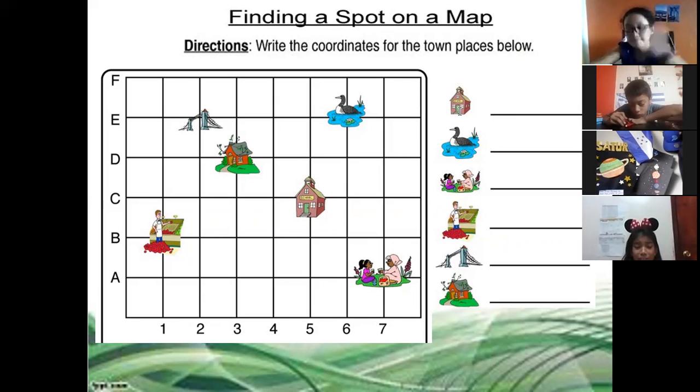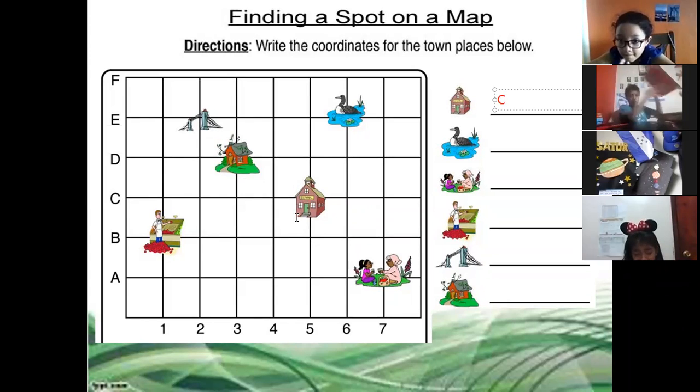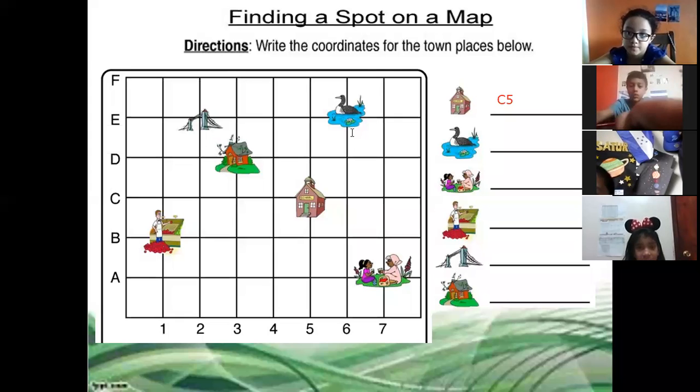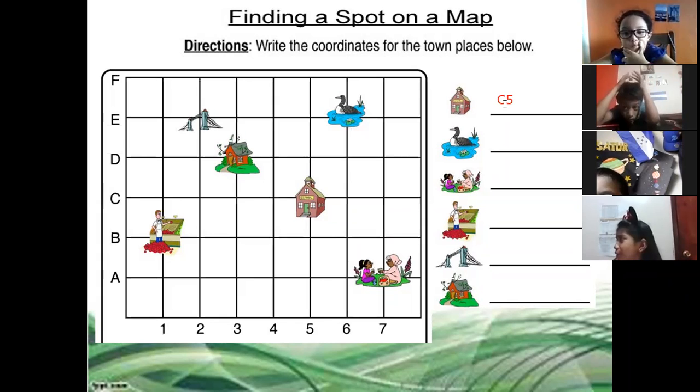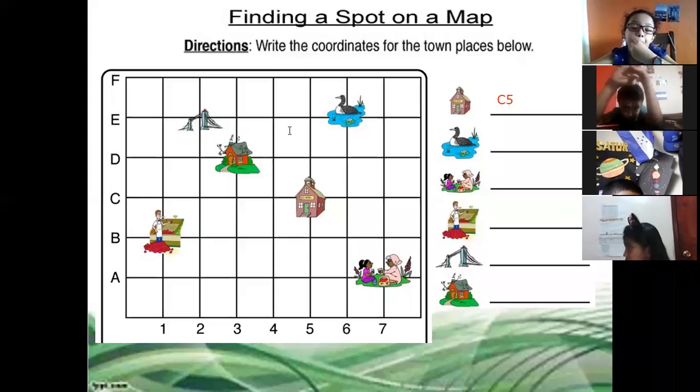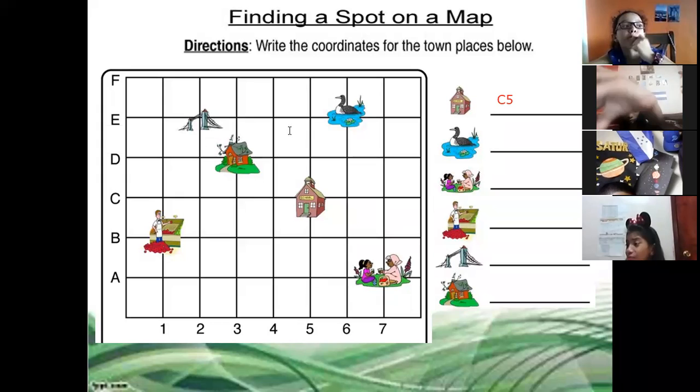So this house, this drawing is on the letter C, and then the number 5. So like that. In your homework, you have a drawing like this. You have a grid, a map. And then on the second page, you have 4 options, A, B, C, and D. So you have to look at the directions given at the beginning of the line. You go back to the map and you see what building is located in those directions.